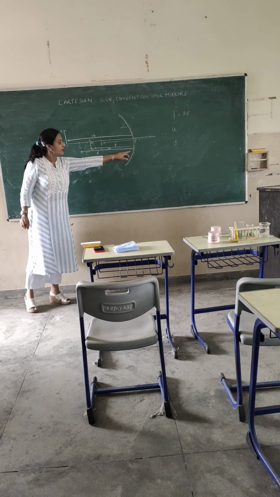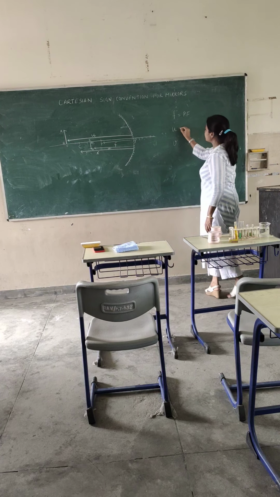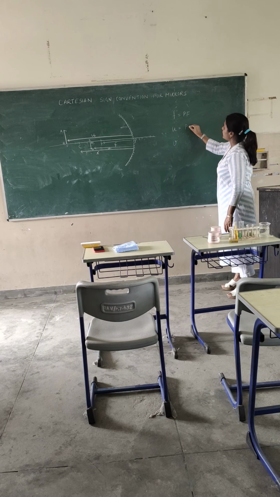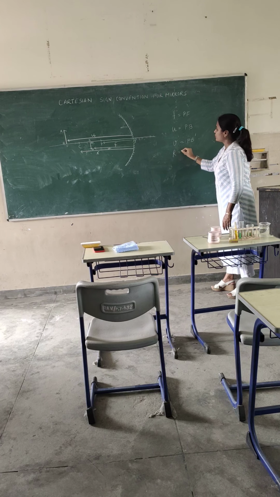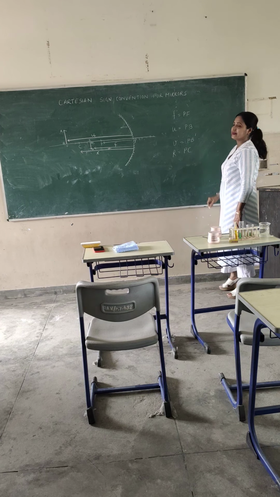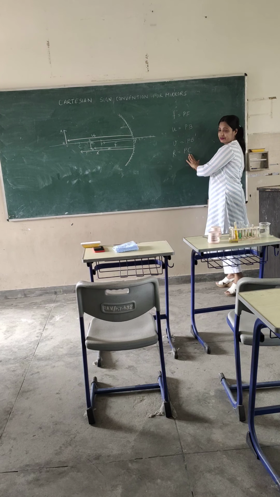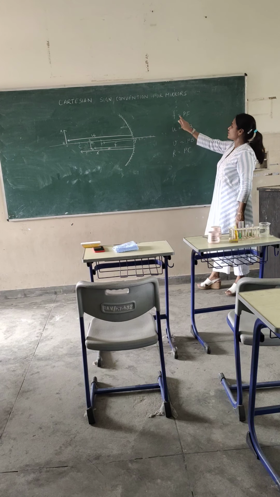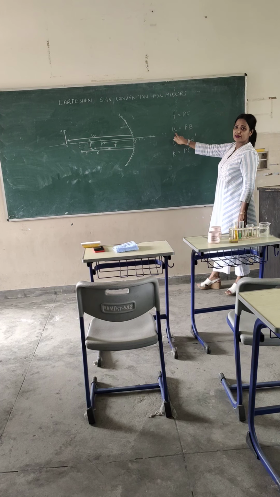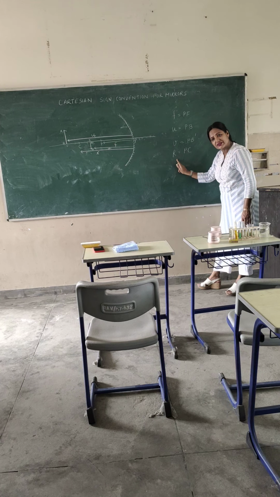Radius of curvature I have already denoted. So u is denoted as PB, v is denoted as PB dash, and R is denoted as PC. PC. It's a distance on the principal axis, not Priyanka Chopra. Okay? So focal length, object distance, image distance, and radius of curvature.